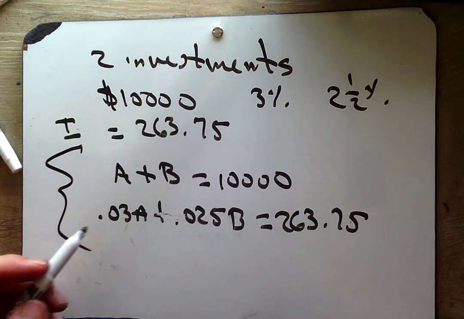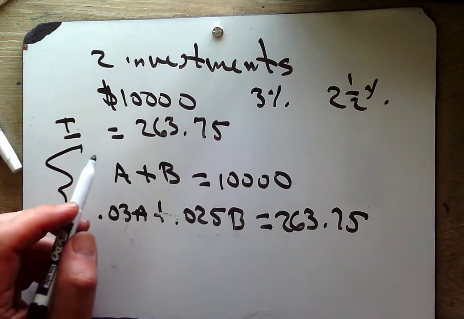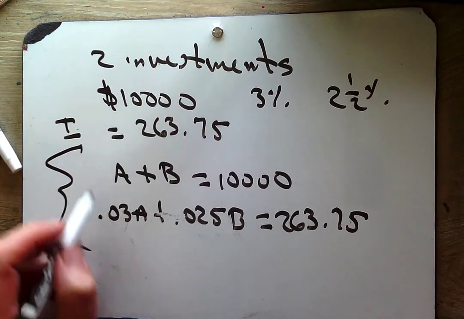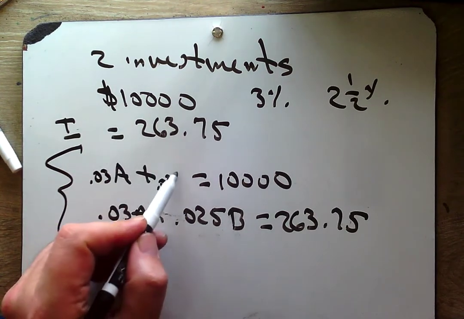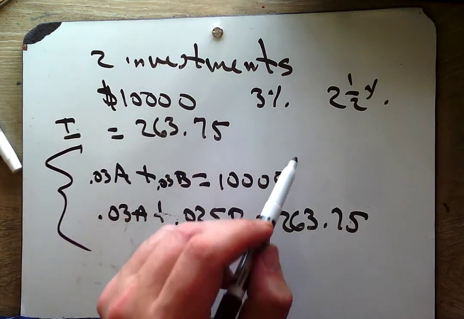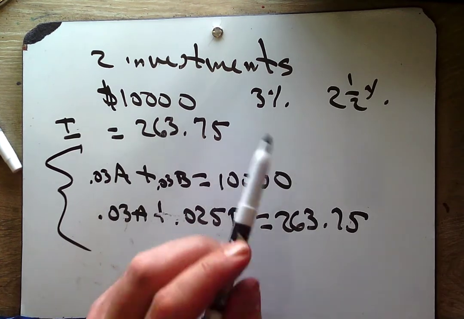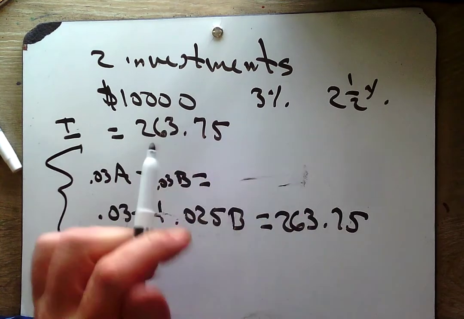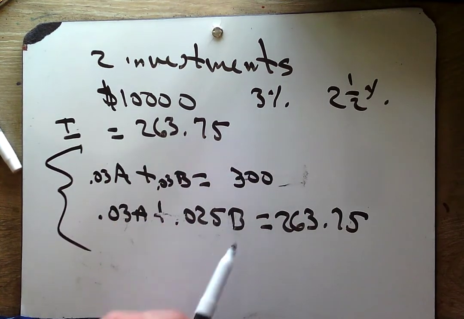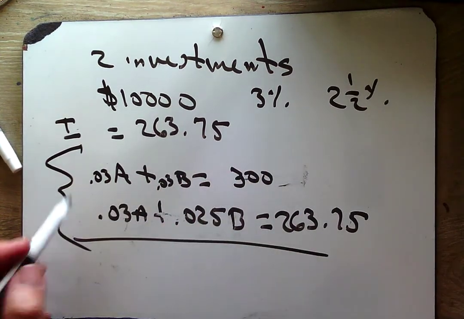I think last time we did the substitution, so I think this time I'm going to multiply everywhere by 0.03 in this first equation. 0.03. That's 3 over 100. So those go times 3, I get 3. And now I can do my elimination.